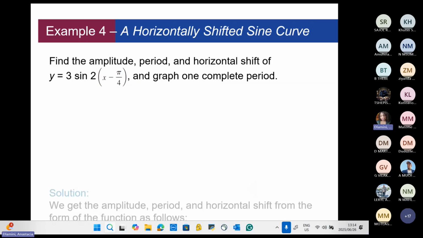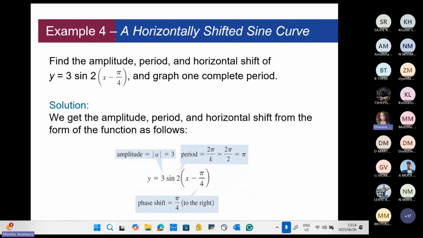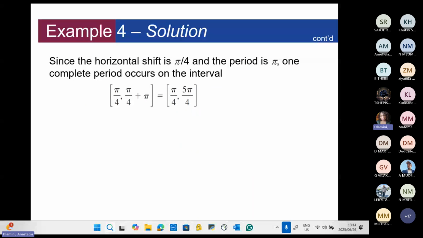So there we go. We have the amplitude, we have the period, and the horizontal shift is also called the phase shift. Pi over 4 to the right, well done. Since the period is pi, one complete period occurs in the appropriate interval.